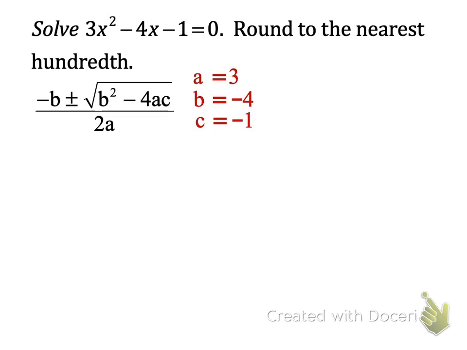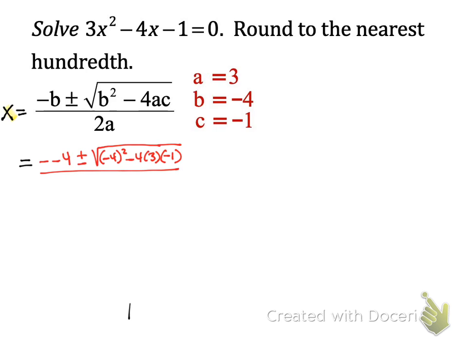So I'm substituting in. Okay. I don't like when they don't write x equals. I'm going to expect you to write x equals. Okay? And you can just keep following the equal sign. So now I'm doing -4 plus or minus the square root of -4 squared minus 4 times 3 times -1 all over 2 times 3, which equals 4 plus or minus the square root of 16.